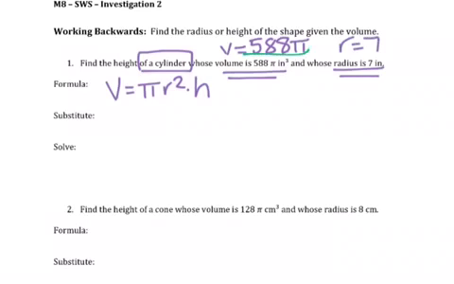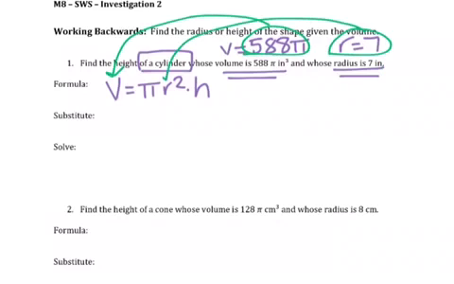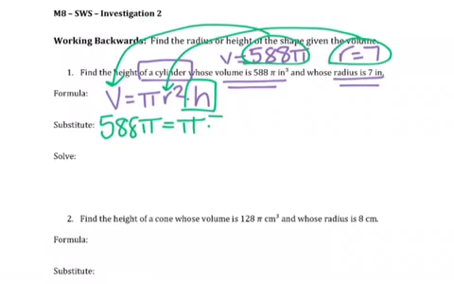So when you plug in, 588 pi gets plugged in for the volume, and 7 gets plugged in for r, and we're going to be solving for h. Substituting in, I have 588 pi is equal to pi times 7 squared times the height. Since I'm solving for the height, we're going to box in h and draw our line.